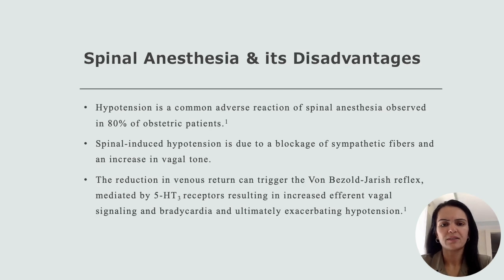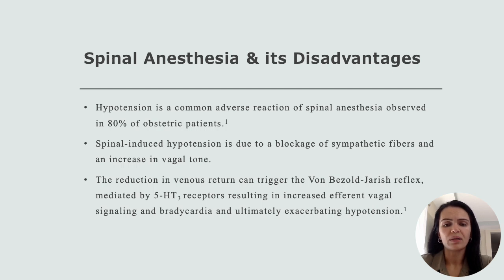While spinal anesthesia has many advantages, it is also important to be aware of its potential disadvantages, especially in obstetric patients. One of the most common complications associated with spinal anesthesia is hypotension, which occurs in about 80% of obstetric patients.